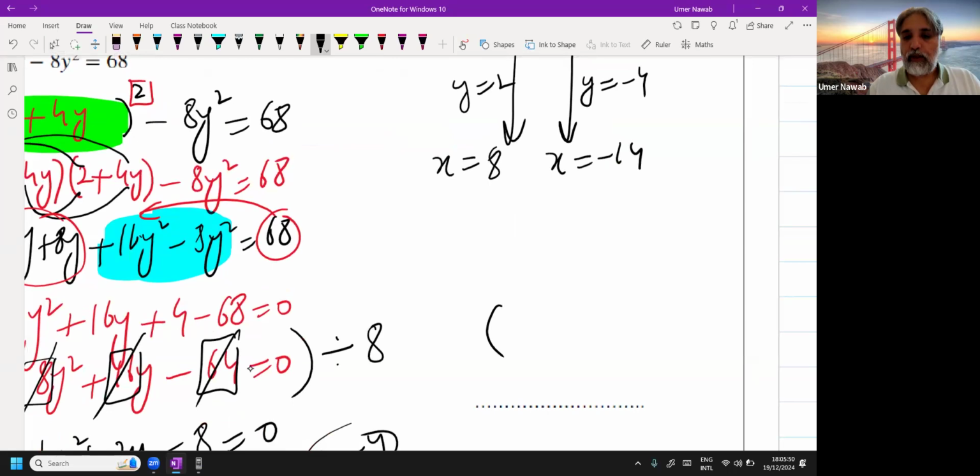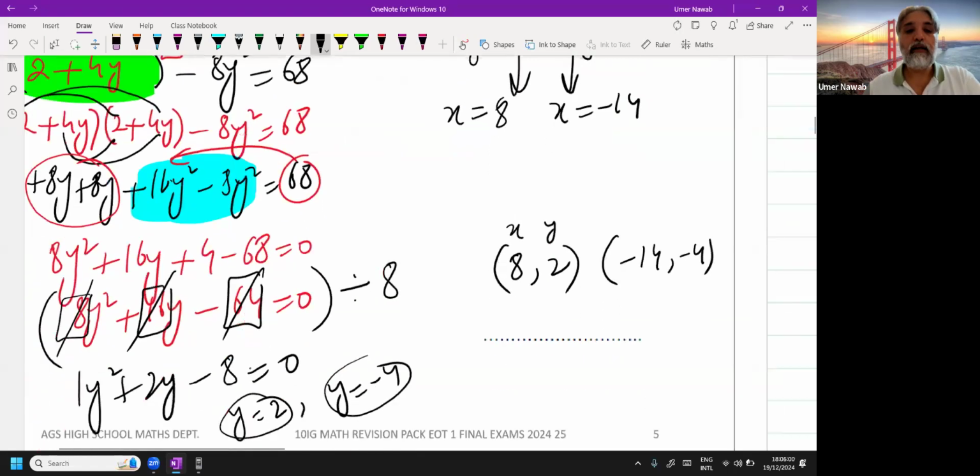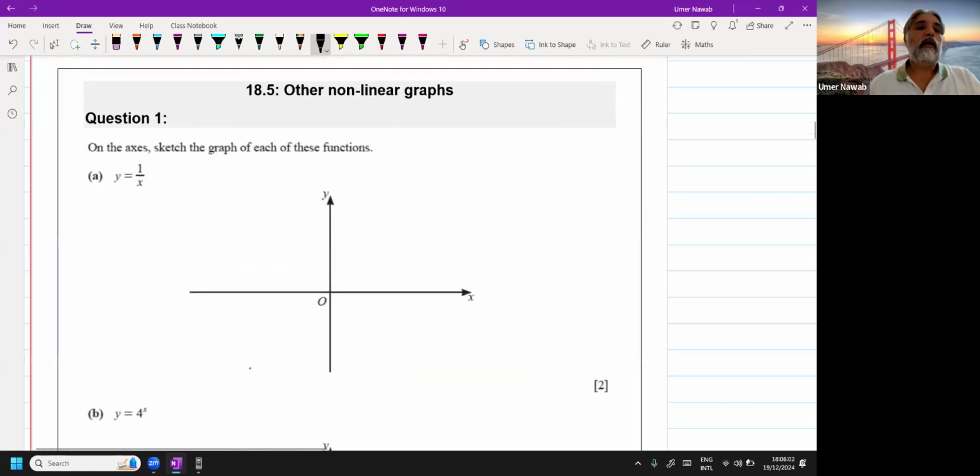So do let me know. So 8 comma 2. Don't write value of y first. Always x first, then y. And in the second pair, I'm going to write negative 14 and negative 4. Done? Now, alhamdulillah, guys, the quadratic equation and a linear equation, simultaneous equations, we have done. And 6 marks are well prepared.